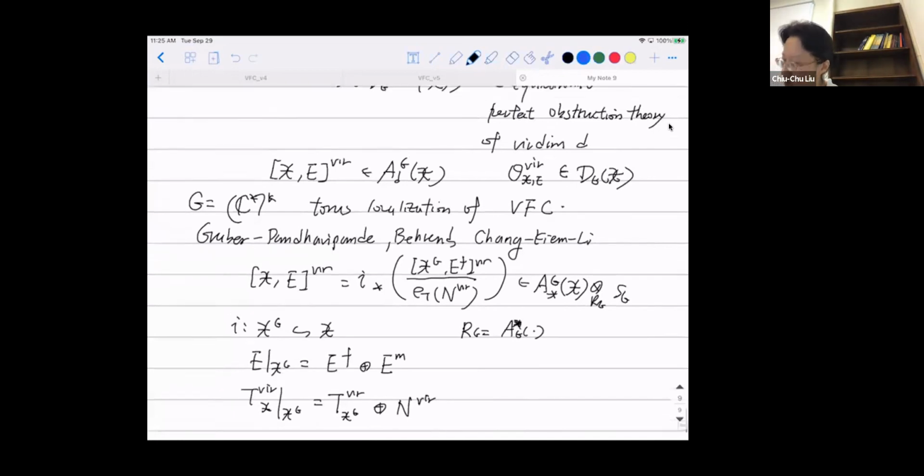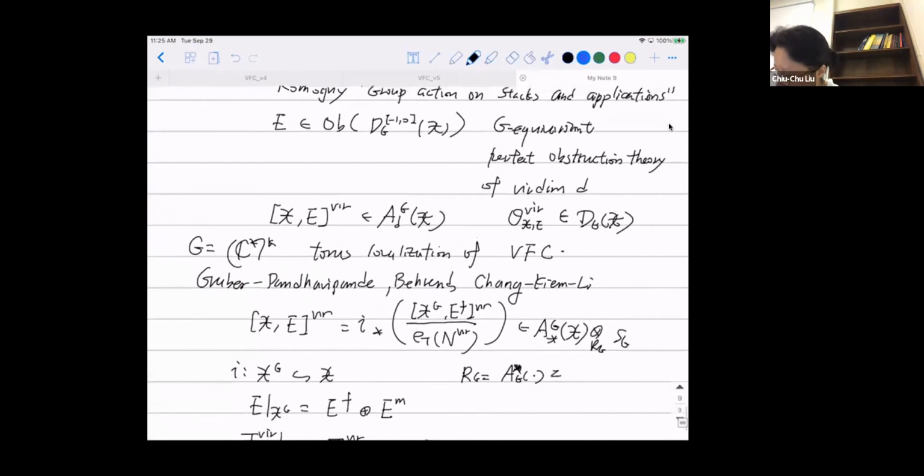So the Chow ring or cohomology ring is just the G-equivariant one.